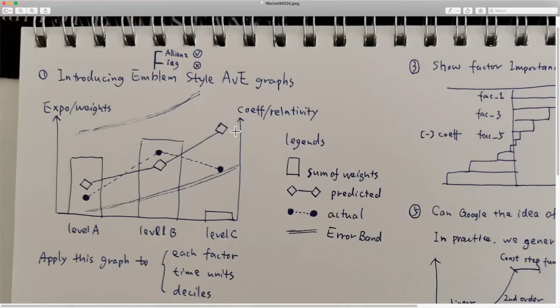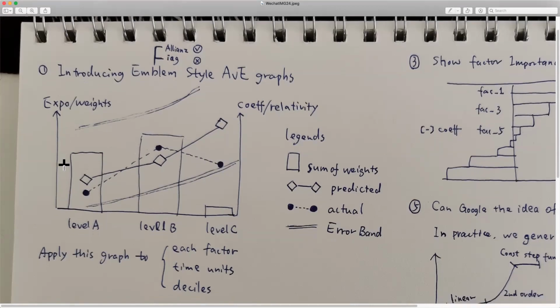As you can see, it's a graph with two vertical axes. The first y-axis is exposure weights, which is the bars here, like the sum of the weights for level A, and the sum of weights for level B, level C. And then the diamond solid line here is the predicted, like your model prediction.